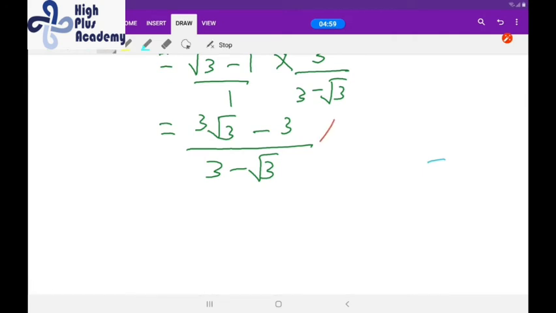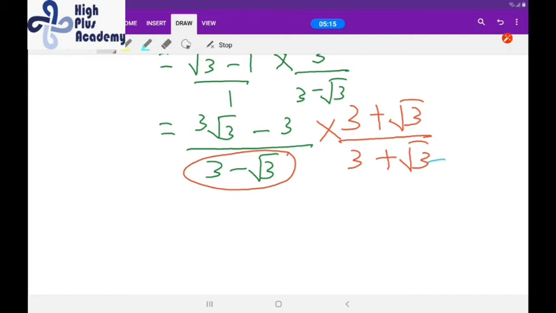What will you do? You do the conjugate, and that will be 3 plus root 3 over 3 plus root 3. The conjugate of 3 minus root 3 is 3 plus root 3.